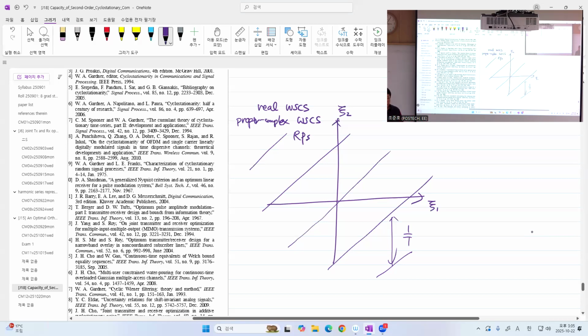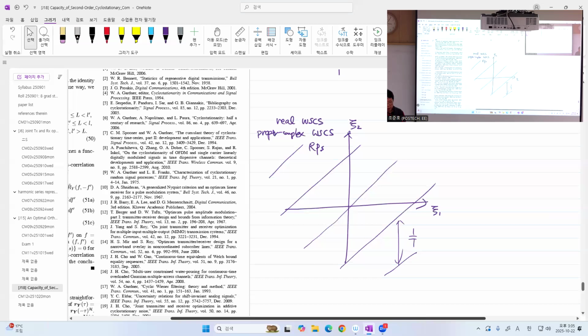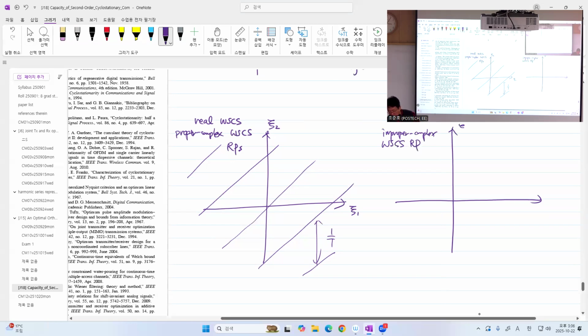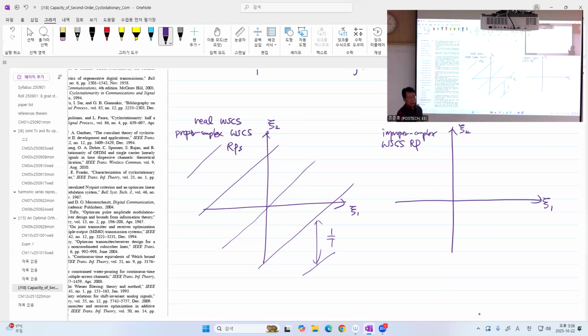Now, what would be the shape of the bispectrum of an improper complex Wiss cyclostationary random process? And what can we guess from the properizing fresh vectorizer?